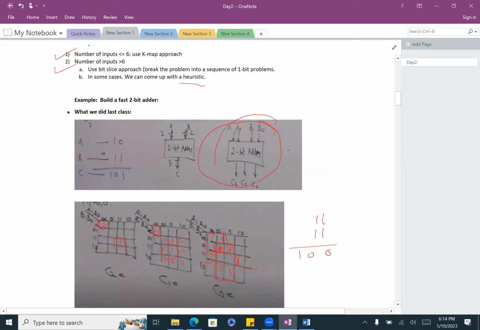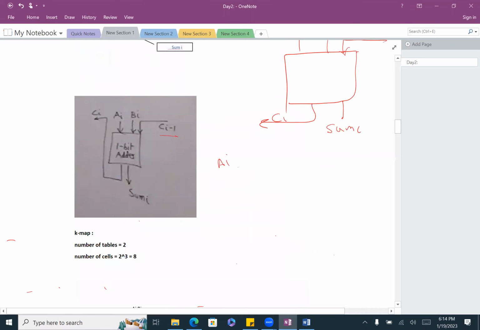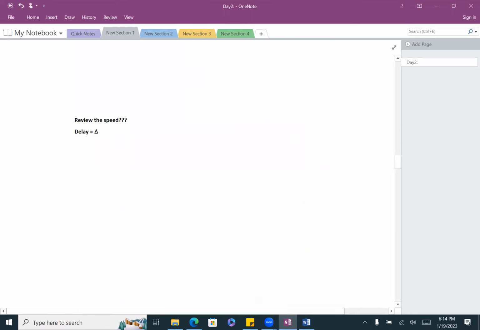What is the delay? It will be 3 delta, correct? So this one is still fast, correct? However, we cannot use it for a 4-bit adder. We cannot use it for an 8-bit adder. So the delay will be, we said, 12 delta. Still slow. Can we improve that?